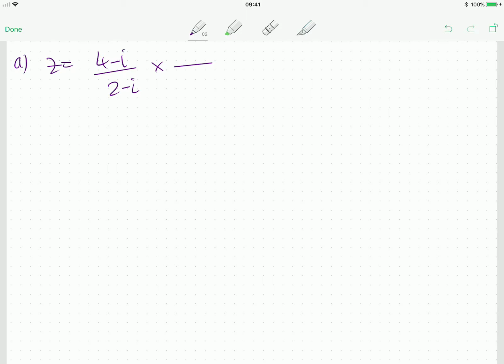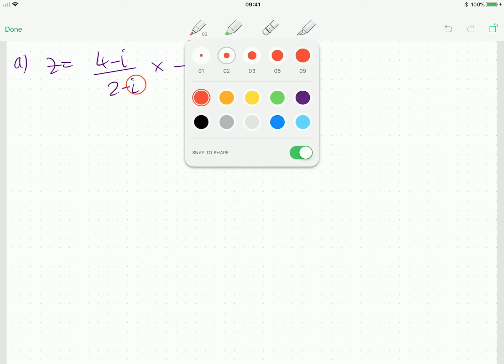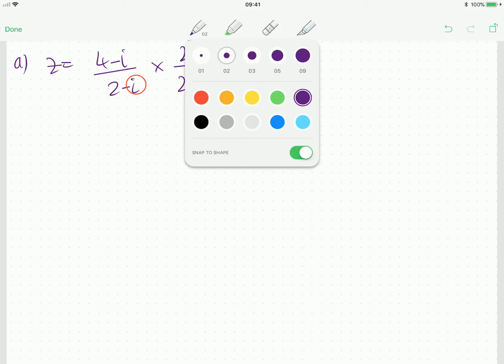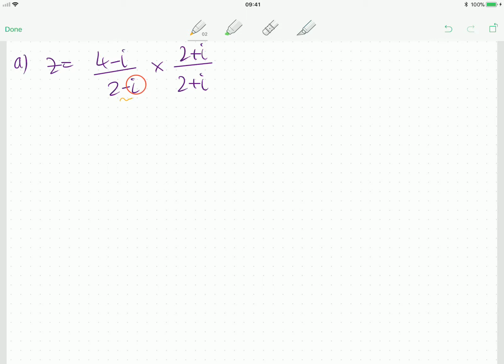Well, you times the top and bottom by something. We want to clear this i off the bottom. The trick for this is to times the top and the bottom by the conjugate of the bottom. What does conjugate mean? Well, whatever you see in front of i, just change the sign of it.